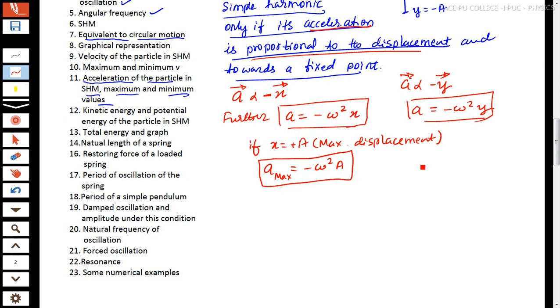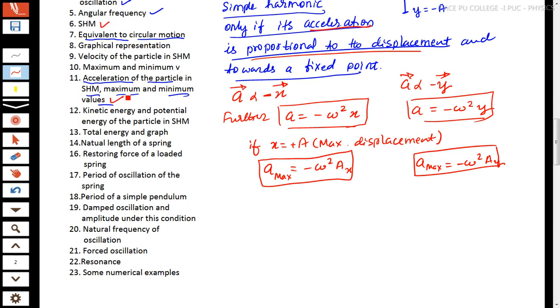Here also I can write the same: a maximum is equal to minus omega square a. Both appear the same, but this amplitude is along the x-axis and this amplitude is along the y-axis. That's the difference. So now you learned the definition of simple harmonic motion.